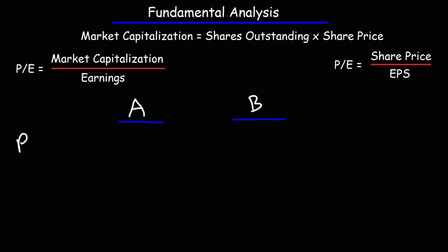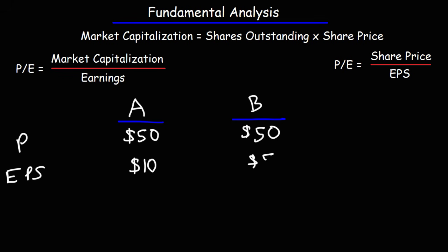So let's say the stock for company A is selling at $50. And let's say for company B, it's the same price. Now the EPS, or the earnings per share, we're going to say that for company A, it's $10. So it's earning $10 per share. And for company B, the earnings is $5 per share.